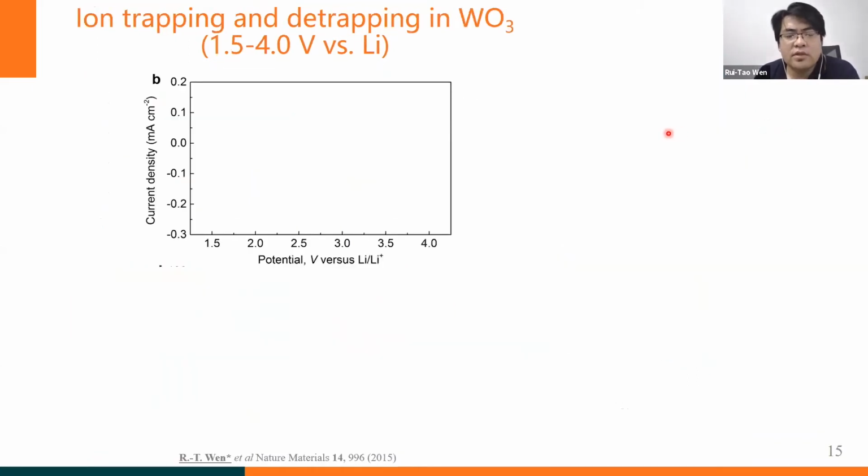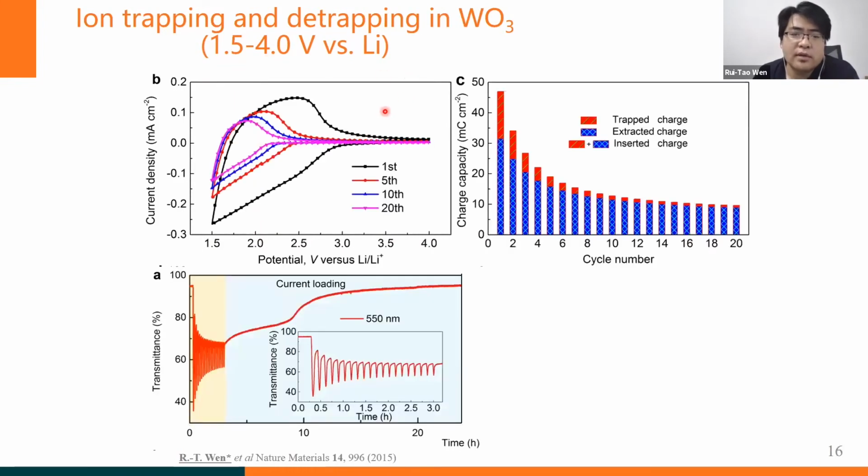So the next question we want to talk about is what happens if we extend the potential window from 2.0 to 4.3 volts to 1.5 to 4.3 volts. The result looks like this. The Seebeck curves don't change too much, but as you can see here, after only about 20 cycles, the films almost lose their charge capacity.